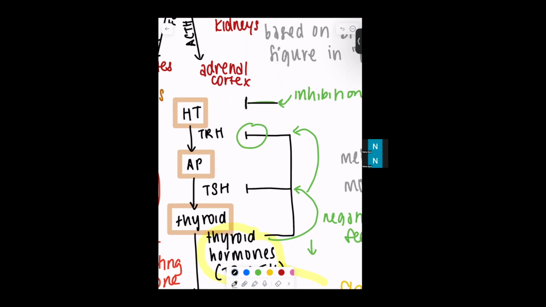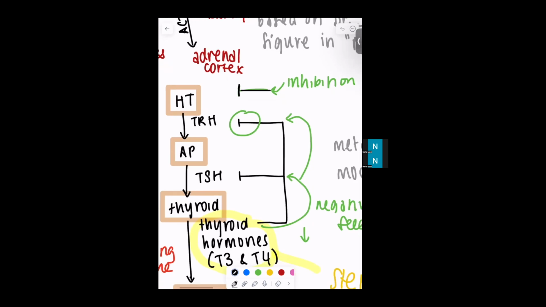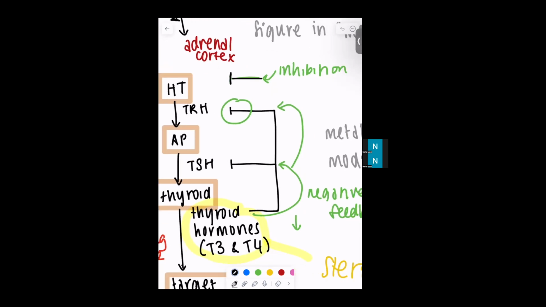So one product is being made, whereas when you have a flat arrow, that signifies inhibition. And so in this case, once you accumulate a high enough concentration of thyroid hormone, these hormones will actually go back and inhibit the secretion of thyroid stimulating hormone and thyroid releasing hormone.